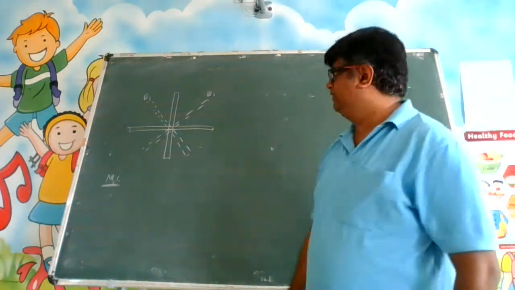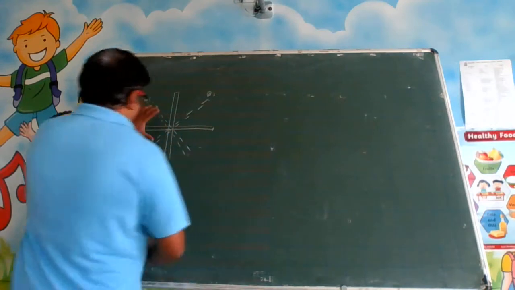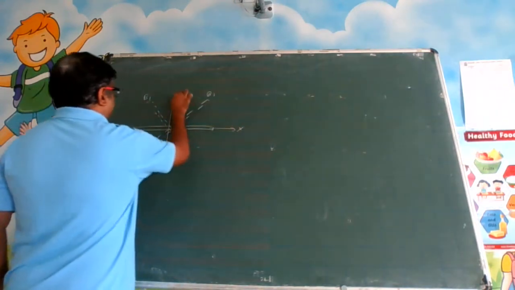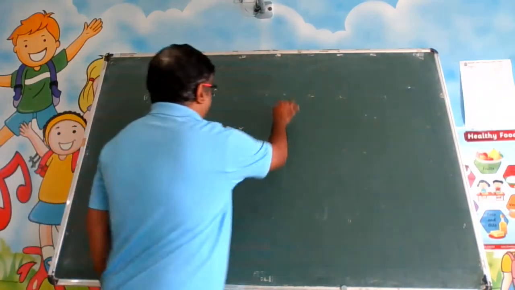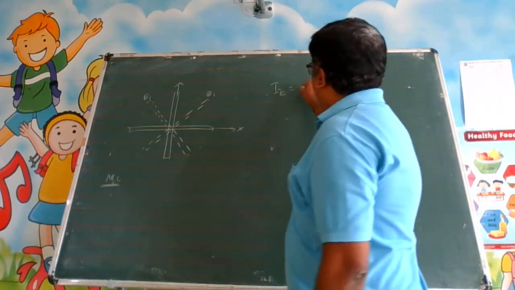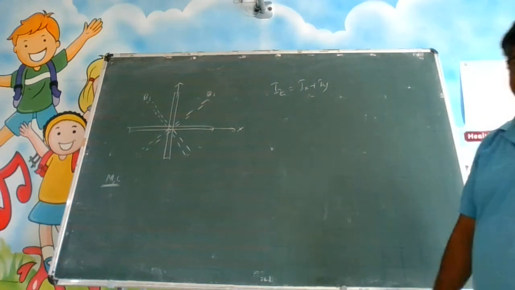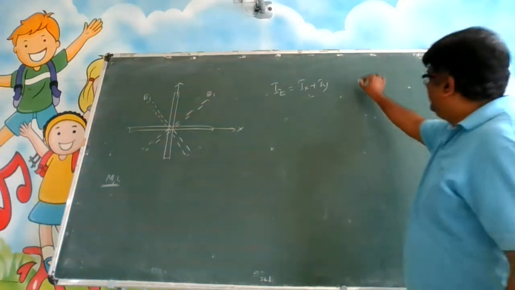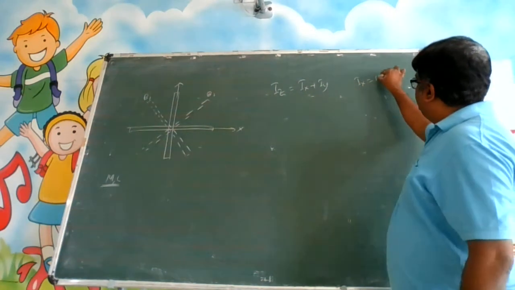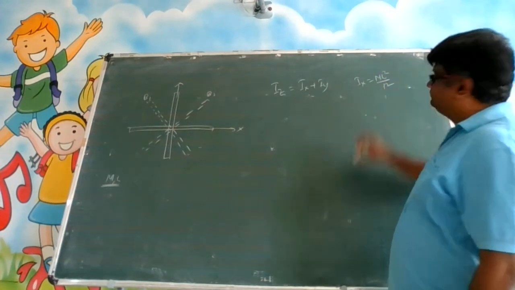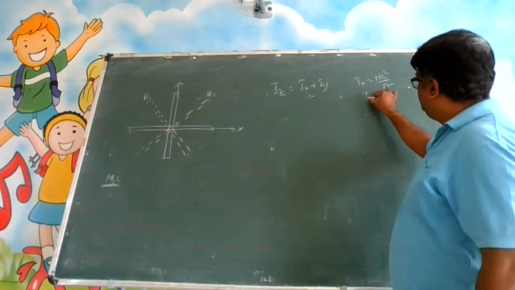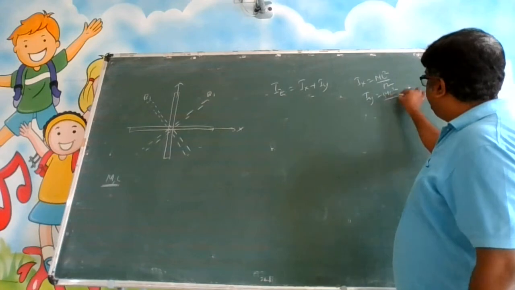How to find that? Here you see, originally this is your x-axis, this is your y-axis. So can I find Iz? I can find Iz as Ix plus Iy using the perpendicular axis theorem. But what is the value of Ix? We have seen the formula, it is ml square by 12. Iy is also ml square by 12 only.